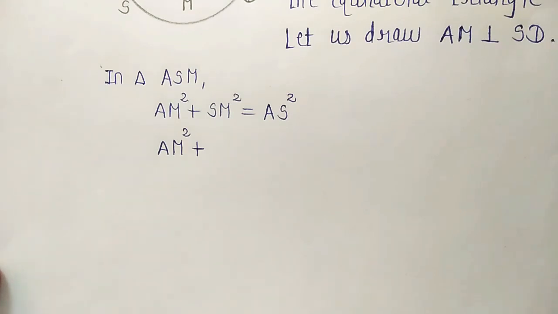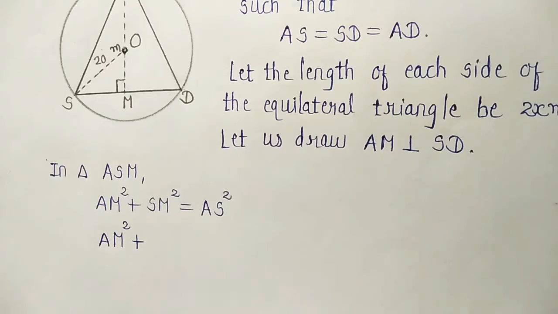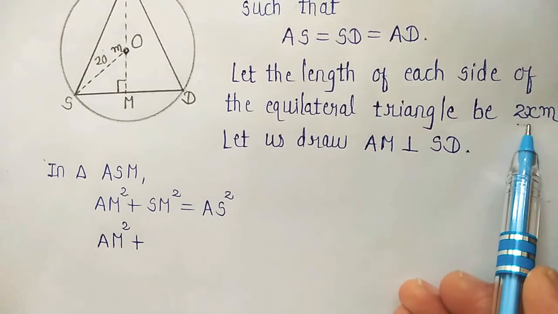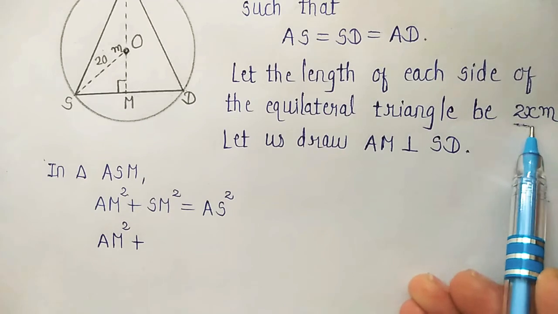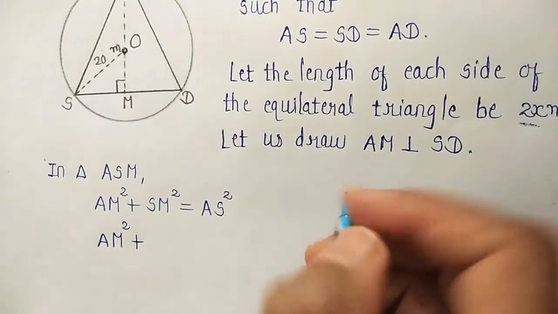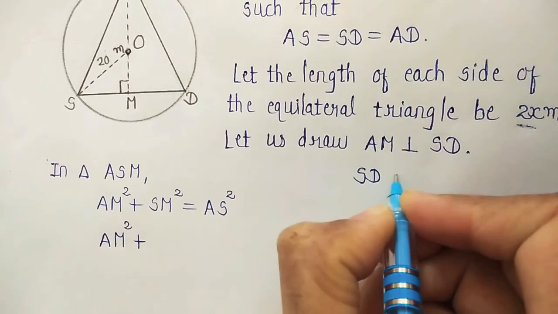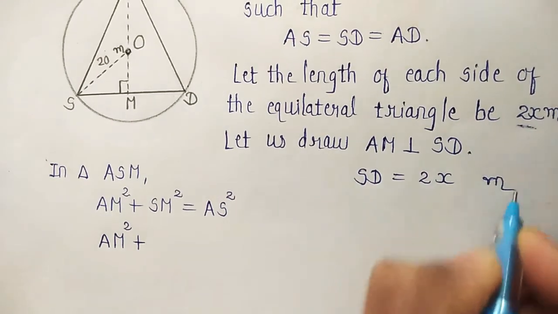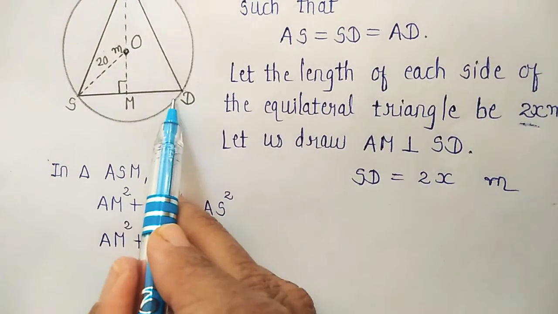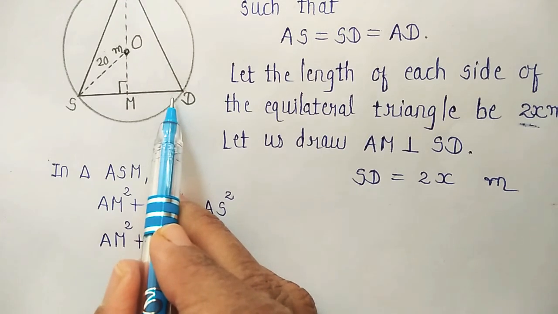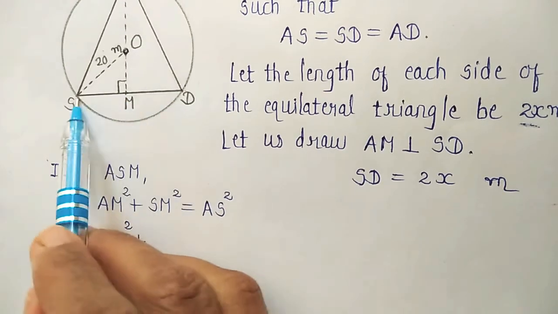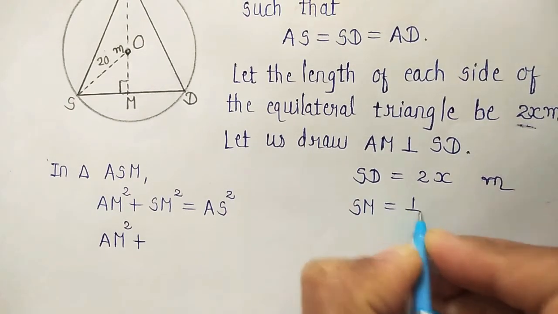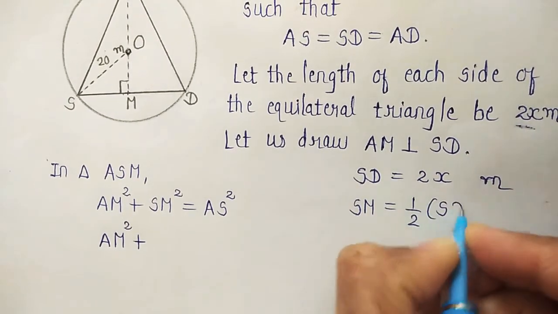Now how will we find SM square? Each side of the triangle is 2x meter, right? So here SD will be 2x meter. If we want to find SM, how will we find it? SM is half of SD.